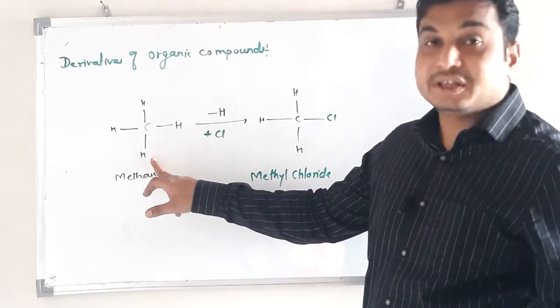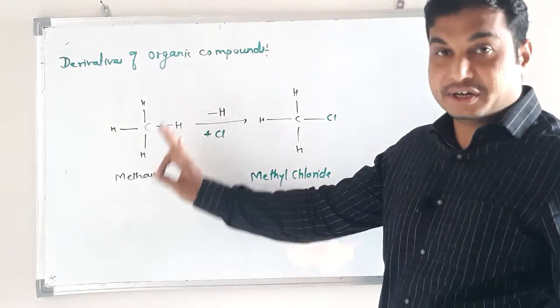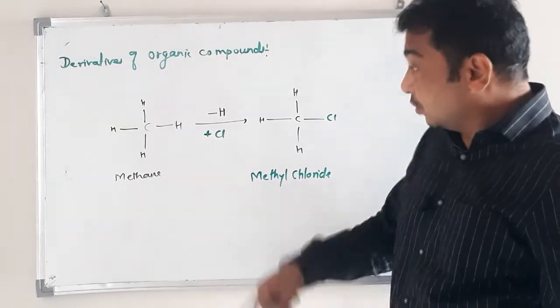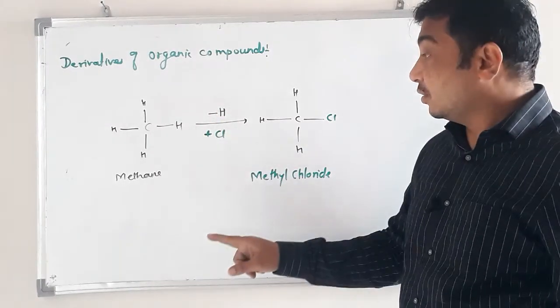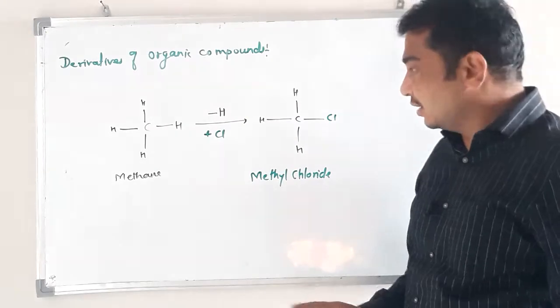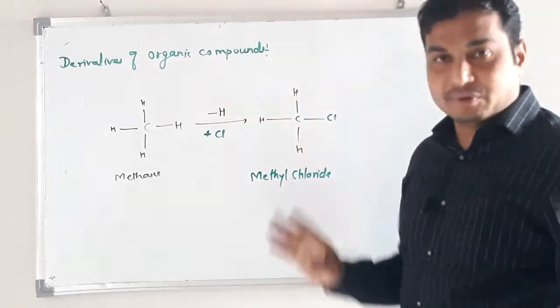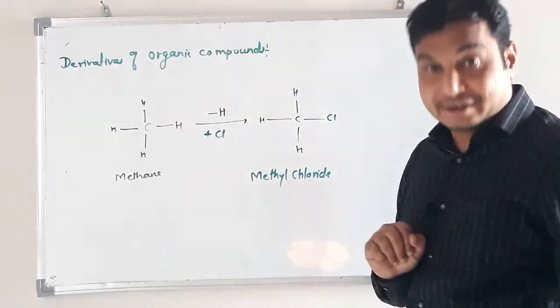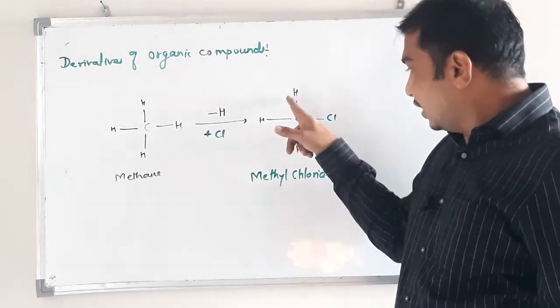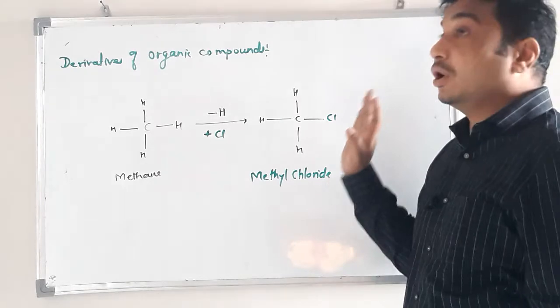Okay, now concentrate on this. Initially we have taken methane, a saturated hydrocarbon, carbon having 4 hydrogen atoms. Now from that methane we are replacing one of the hydrogen atoms. All hydrogen atoms are identical, that's why we can replace any one of them by a chlorine atom, a halogen. Chlorine is a halogen. Then we are getting CH3Cl, this new compound obtained.